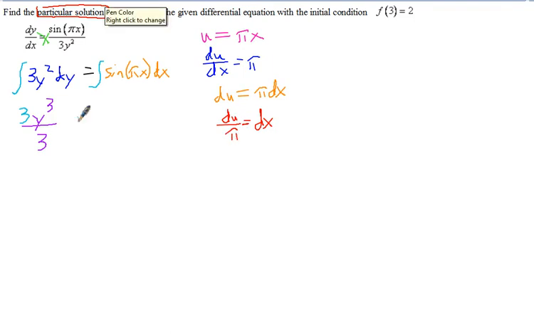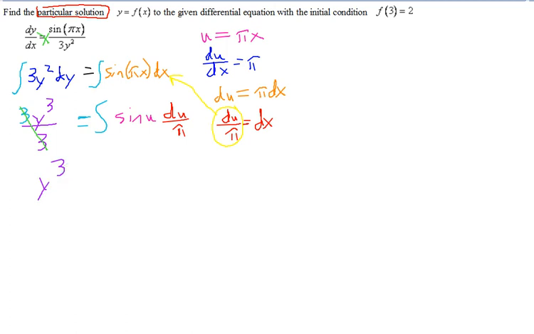So this one, which we haven't integrated yet, we can rewrite as now the sine of u, and then we just figured out dx is du over pi, so we can put that in.